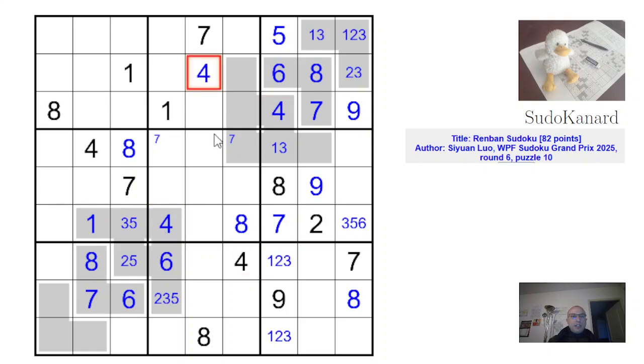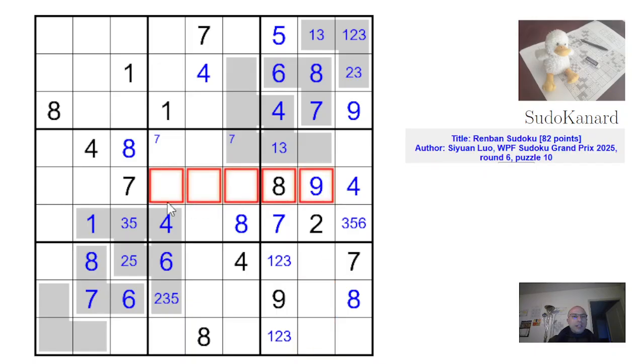Sudoku again places the 4 there. Sudoku again places the 4 here. So there is a 4 down there, which is not that useful.